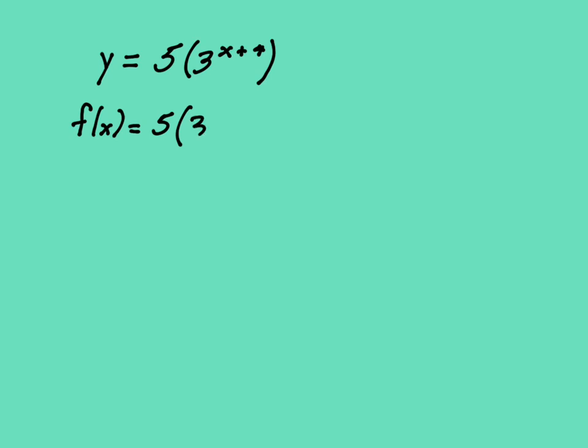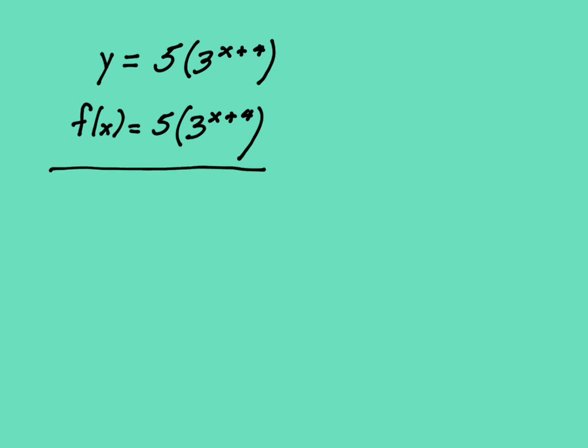Now, one of the things that you're going to work with as you work with exponential models is equations such as y equals 5 times 3 to the x plus 4 power. Now remember that if we're talking about a function where each x has exactly one y, this can also be written as f of x equals 5 times 3 to the x plus 4 power.